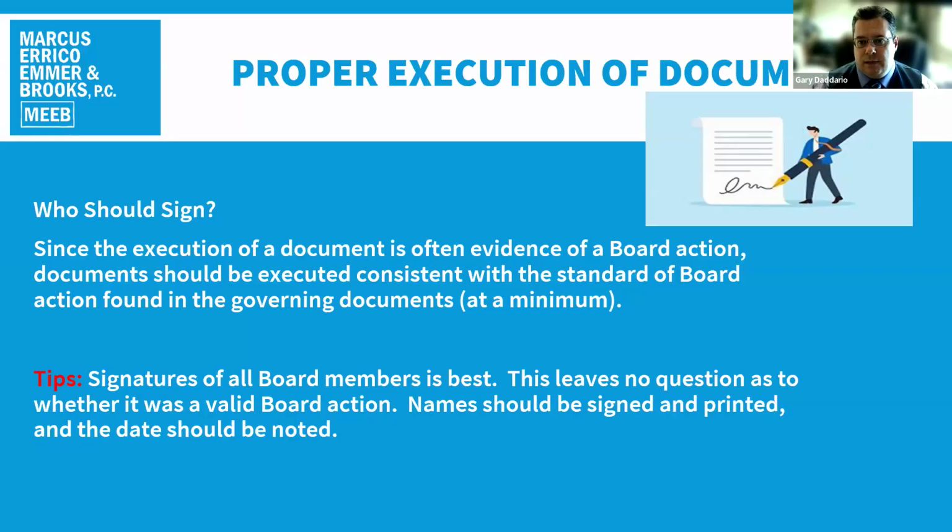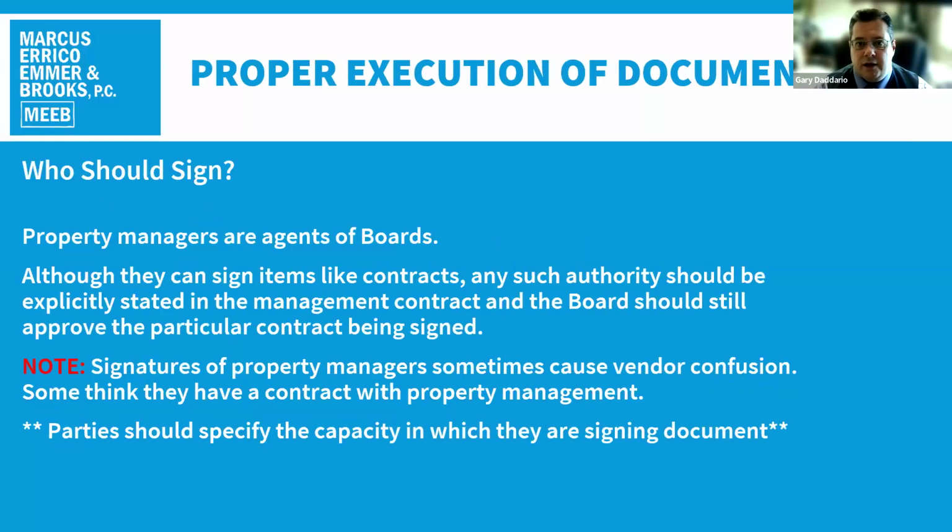At a minimum, let's say your docs require a majority of the board for board action, well, then at a minimum, you would want at least a majority of the board to have signed that contract. Reason being that, like I mentioned, unilateral action is not allowed. And we often see contracts that have been signed by one member of a board.